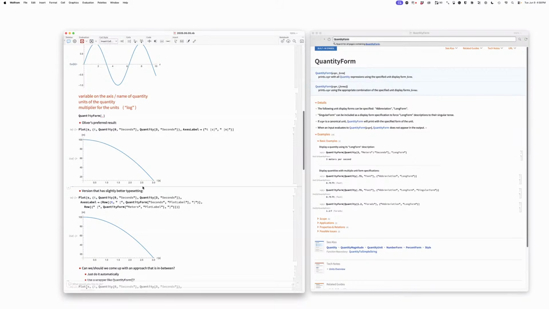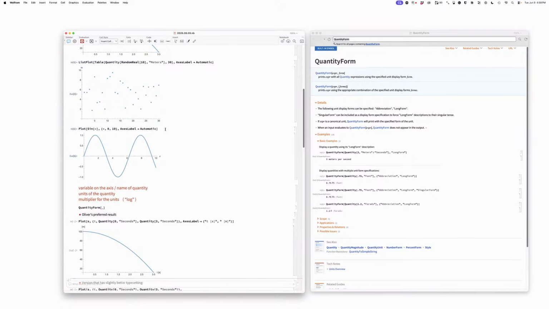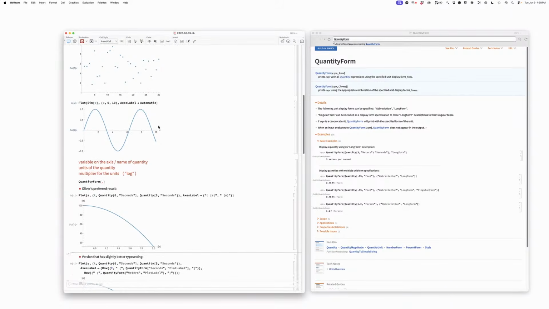Okay. So what we've got is the quantity multiplier. Well, wait a minute. Right now, we never have both the axis name and the unit. Why do we not have that?